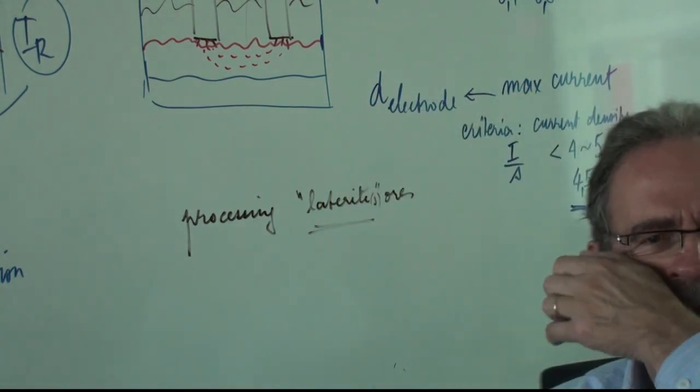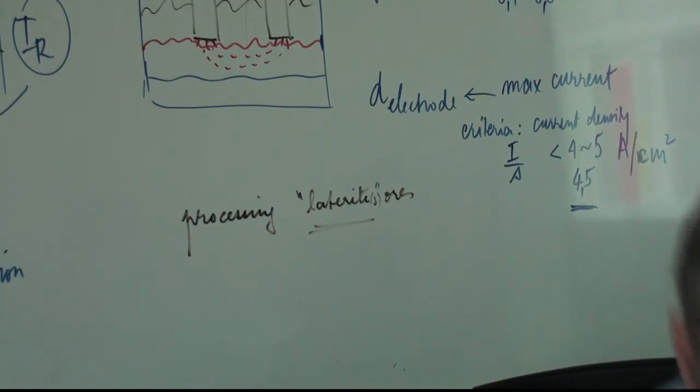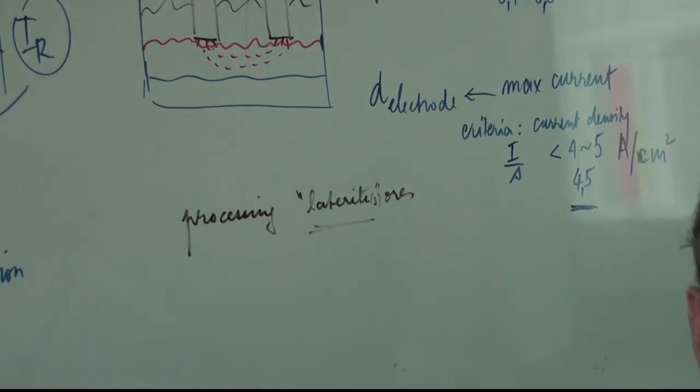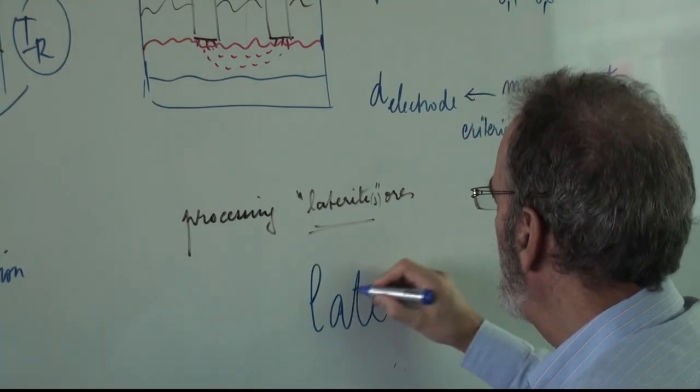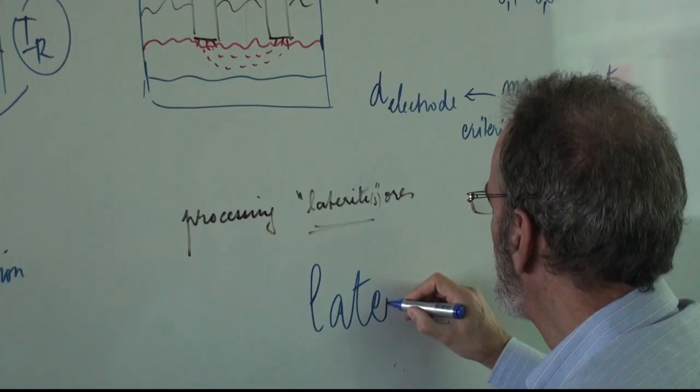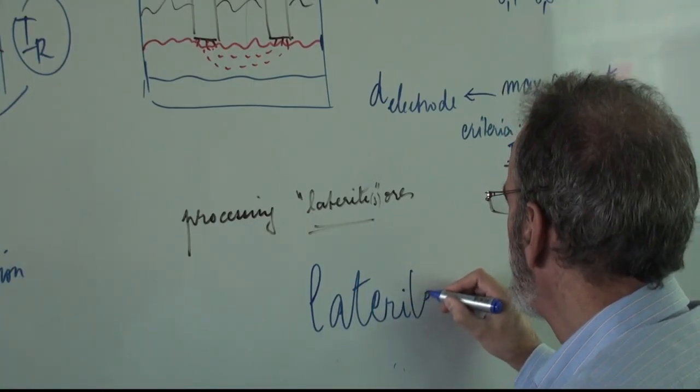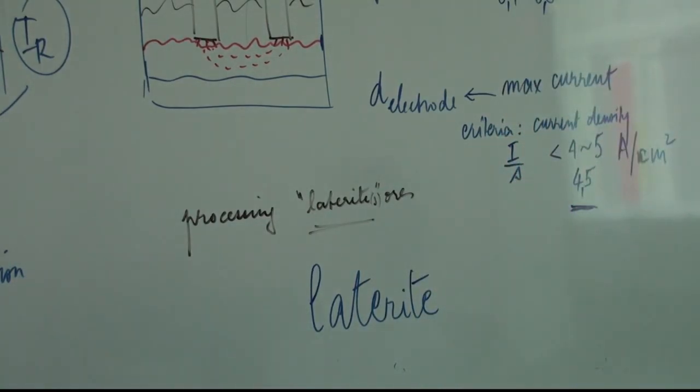Laterite is the word for this form of rock, including nickel. Laterite: L-A-T-E-R-I-T-E. And this article you have.